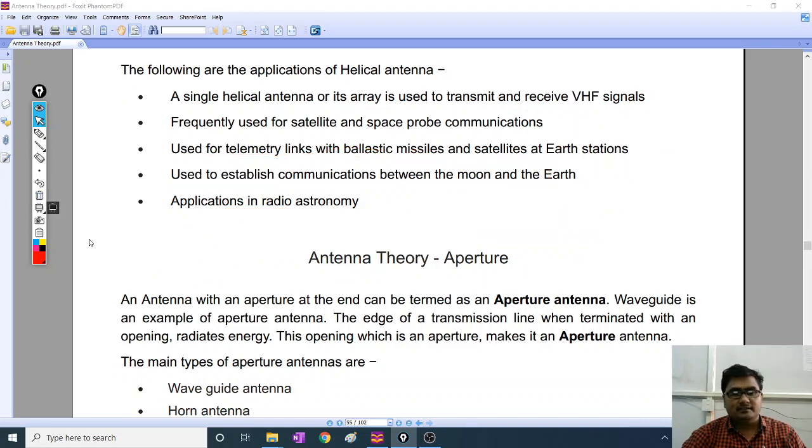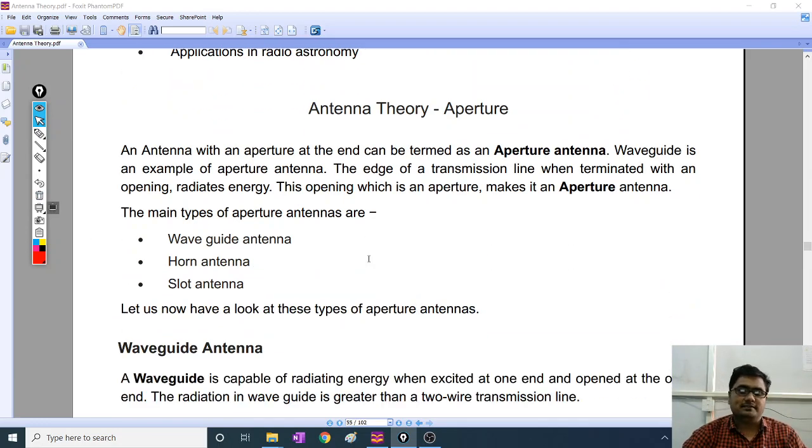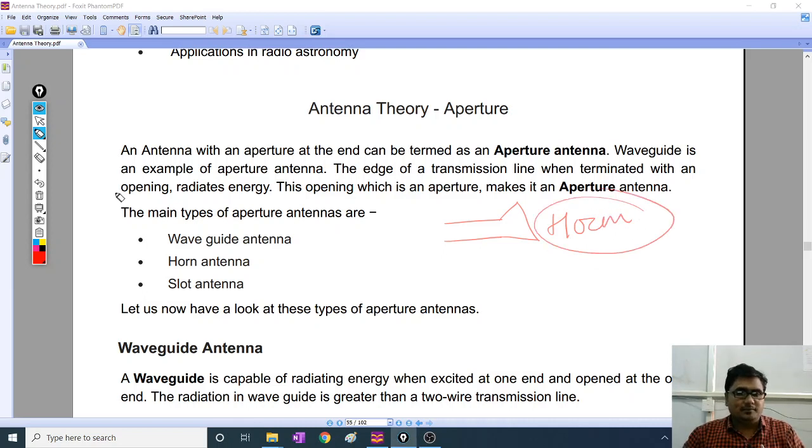Now we can start with aperture antenna. Whenever the word aperture comes to our mind, what comes with it? First of all, what comes to our mind is the horn antenna. If possible, probably we'll start our discussion with the horn antenna, but we'll keep this pending.